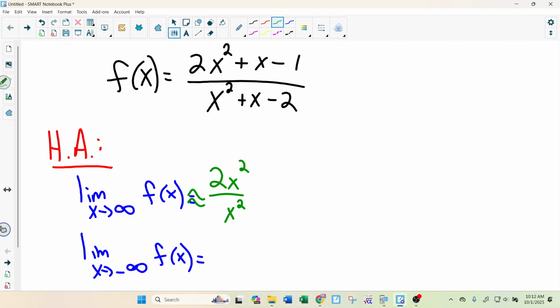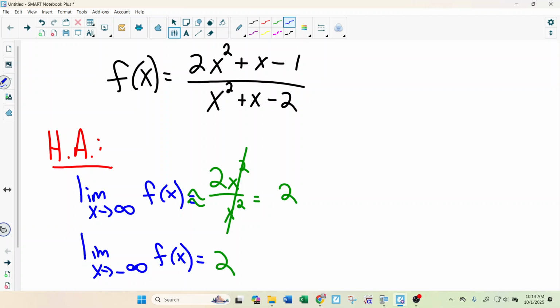We also call these the end behavior terms, whatever terminology you want to use. And now you can say, well, now we can cancel out the x squareds. And that's just 2. If we look at x going to negative infinity, is that going to be any different? No, that's going to be the same thing. That's 2.